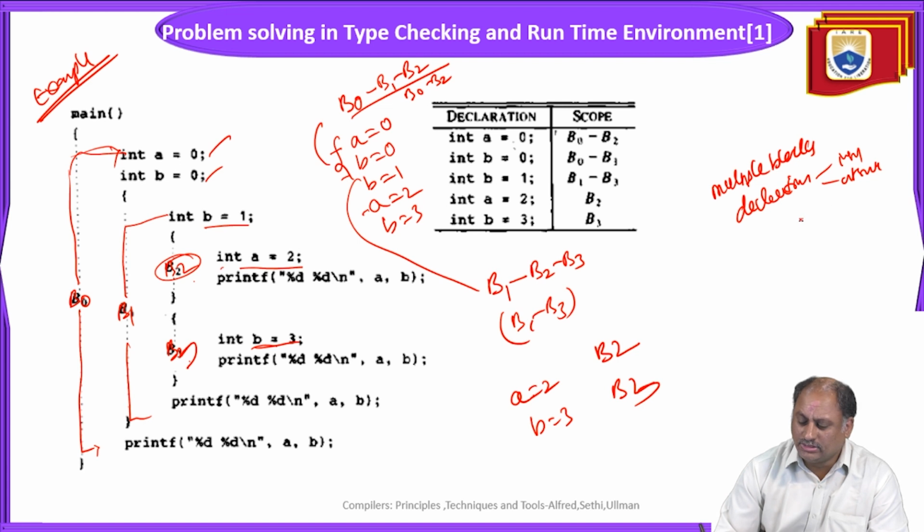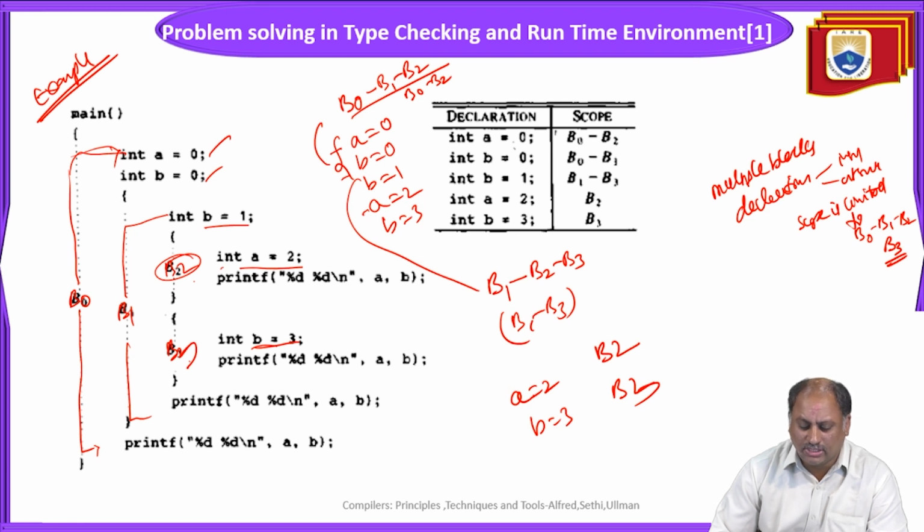And the scope is limited to a block. So in this example, B0, B1, B2, B3, up to which block the scope is limited, and under which circumstance it is defined, that is to be verified with the help of this type checking environment, the runtime environment.